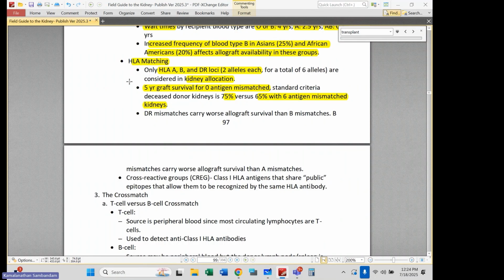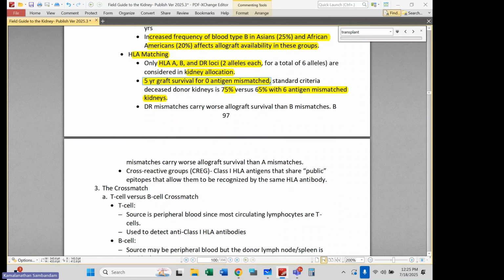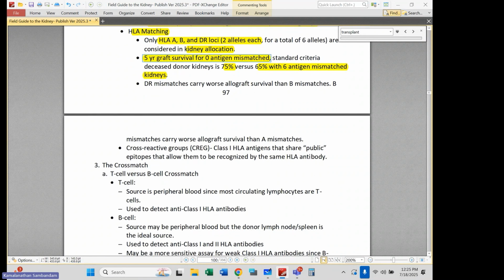But this improved outcome is enough to say, if I have a zero antigen mismatch kidney, I'm going to ship that kidney further in this allocation schema to make sure it gets to the best matched recipient, okay? Because presumably that kidney will last longer, it will have more good, right? It will keep a patient off dialysis longer, and therefore will translate into maximized good, okay?